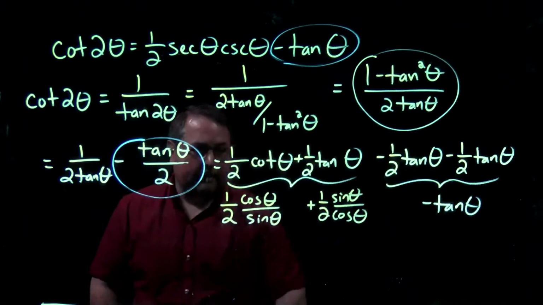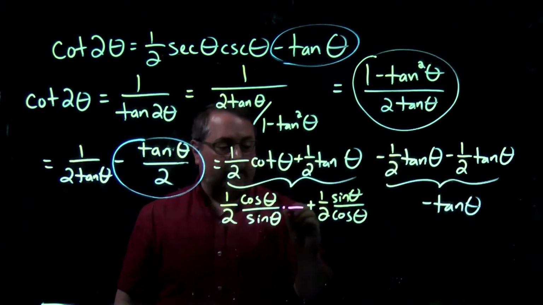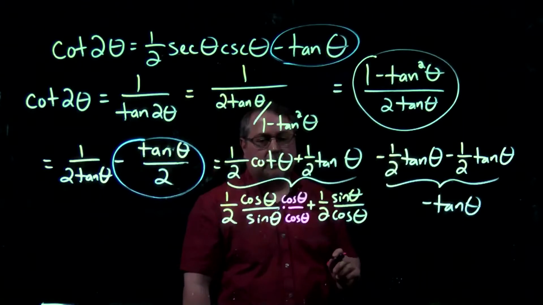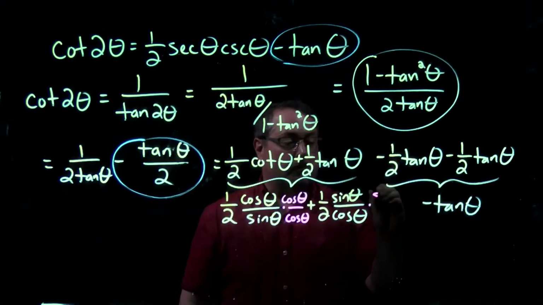Okay, so now we want to combine these fractions. So we want a common denominator of cosine theta sine theta. So we'll take our first term, multiply the top and bottom by cosine theta over cosine theta. Take our second term, multiply by sine theta over sine theta.